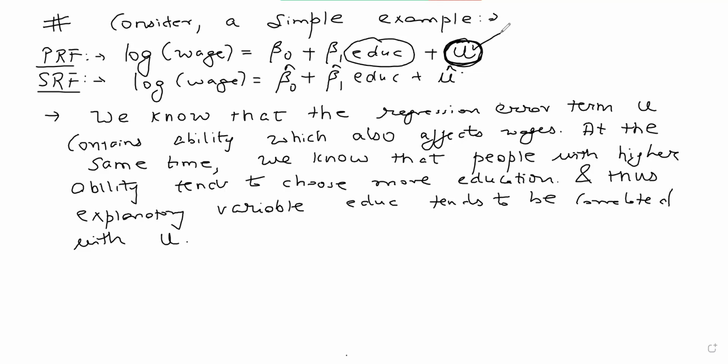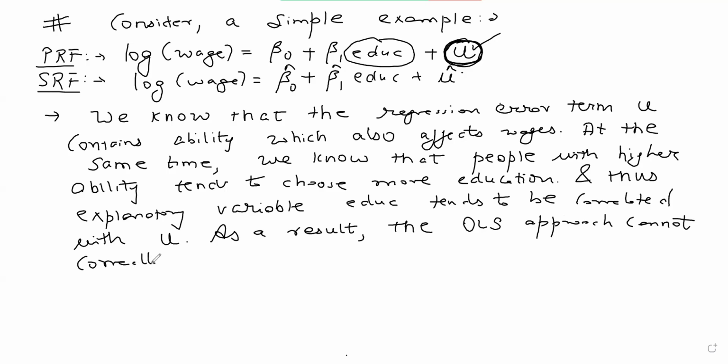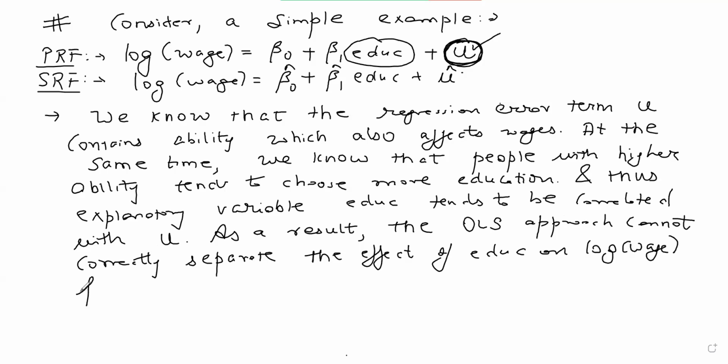I can now write that as a result, the ordinary least squares OLS approach cannot correctly separate the effect of education on log of wage from the effect of the error u on the log of wage.